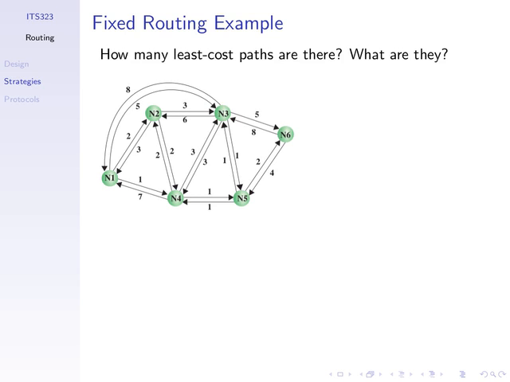Node 4 to node 6, node 4 needs to know that the next node is node 5. And from node 5 to node 6, it stores that the next node is node 6. So what we need is to store the path from one source to one destination. But in fact, we don't need to store the entire path.